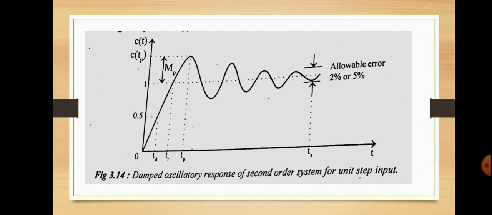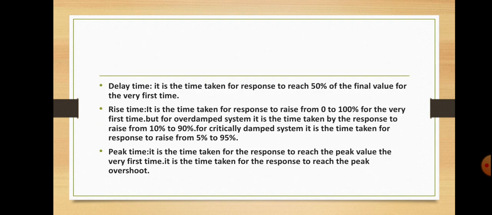That means TD is the time taken for the curve to reach 50% of its final value. So its definition: delay time is the time taken for the response to reach 50% of the final value for the very first time.